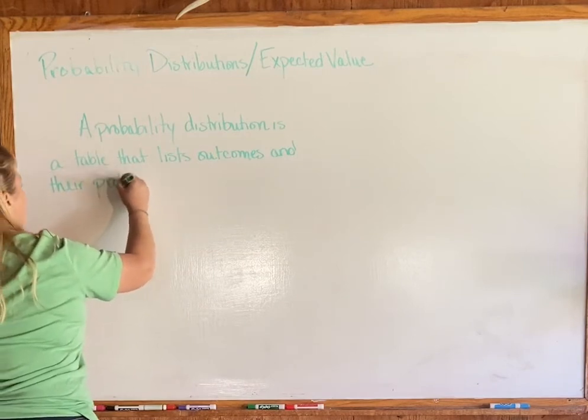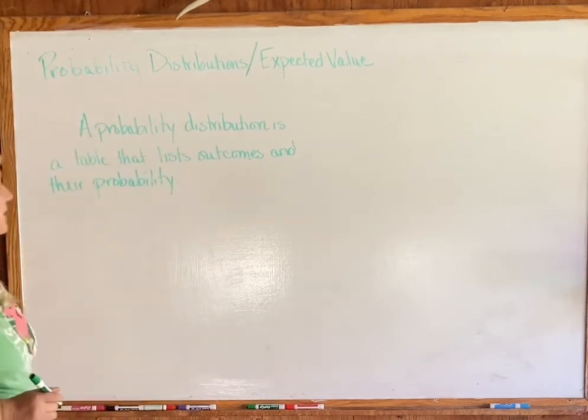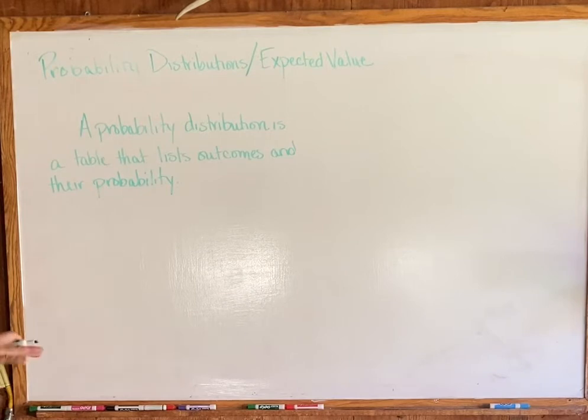The definition is a little bit goofy, but basically a probability distribution is just a table. So what we're going to do is take our probabilities that we were learning in the last chapter and now turn them into table form.